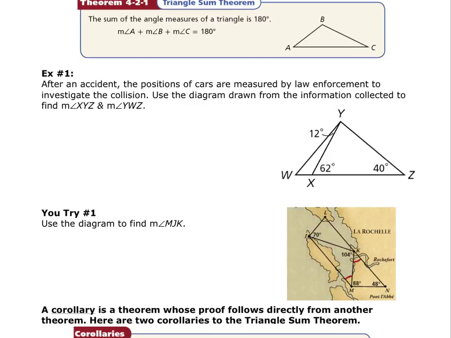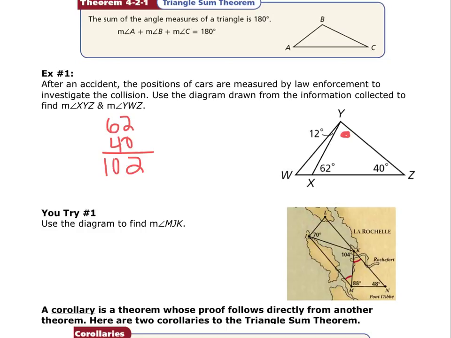So XYZ is right here. So we are looking for this angle right here. So I see a triangle. I'm going to look at triangle XYZ, and I am given two angle measures. I need the third. So I need to add together the two I'm given, and that gives me 102.